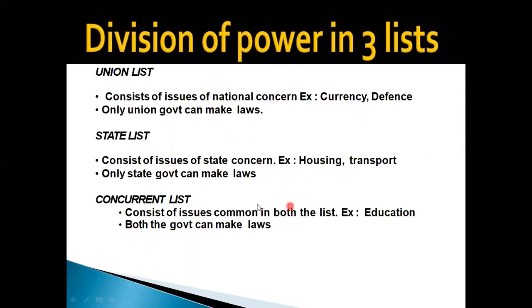The concurrent list consists of issues common to both the union list and state list. The best examples of the concurrent list are education, agriculture, and revenue.